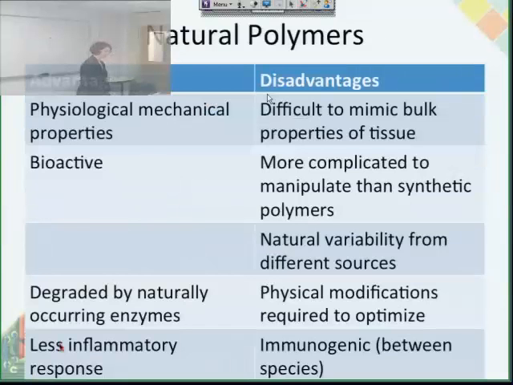Okay, so the advantage of using natural polymers as a biomaterial is that because they're natural, they're biomimetic. So they have physiological mechanical properties in theory, but because their organization in tissues is really specific, we actually can't fully mimic the mechanical properties of tissues, and that's an active area of biomaterials and tissue engineering research, trying to make, for example, a hydrogel that has the same mechanical properties as cartilage.